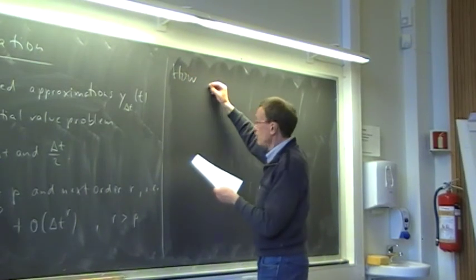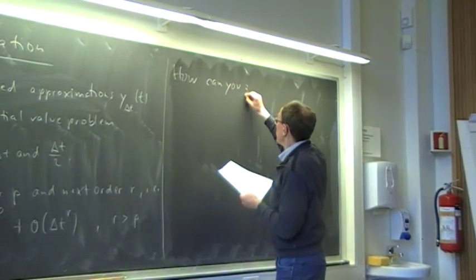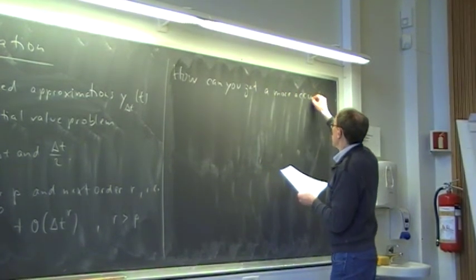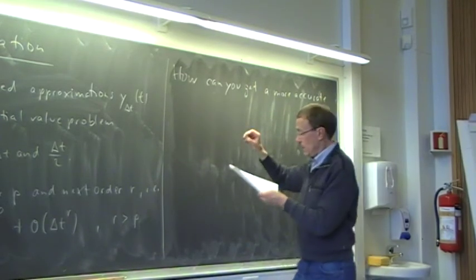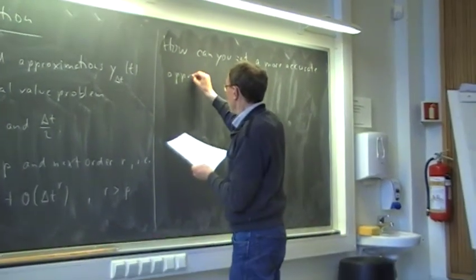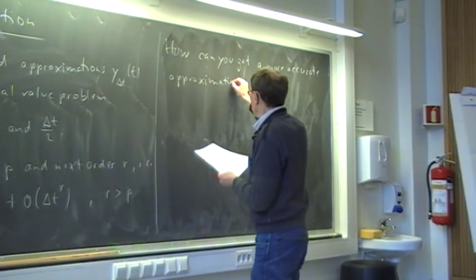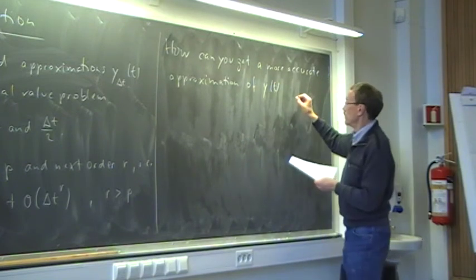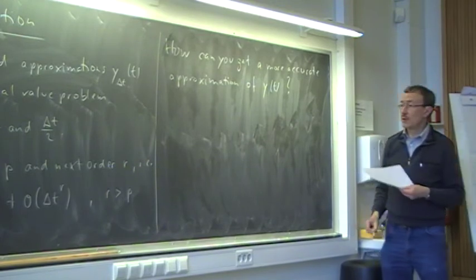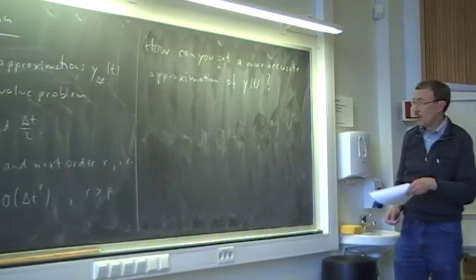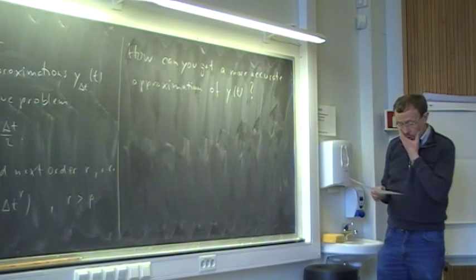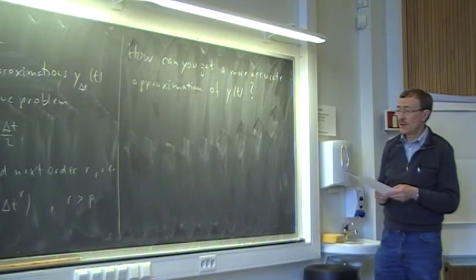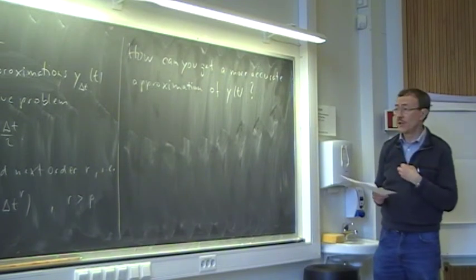So how can you get a more accurate approximation of the exact solution of the ODE at time level t using these two approximations? Okay, so that is the question.